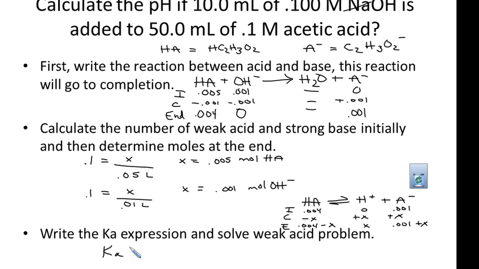So to solve my Ka here, it's products over reactants, so 0.001 plus x over 0.004 minus x, and since x should be much, much smaller, I'm going to say that it has no effect. My Ka value is 1.8 times 10 to the negative fifth, and I can solve for x.